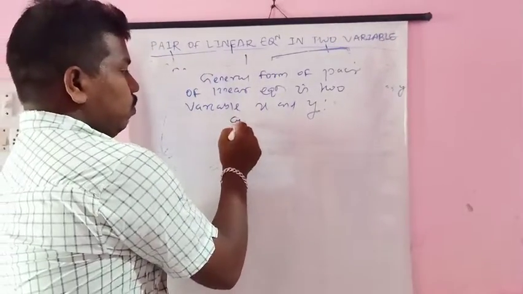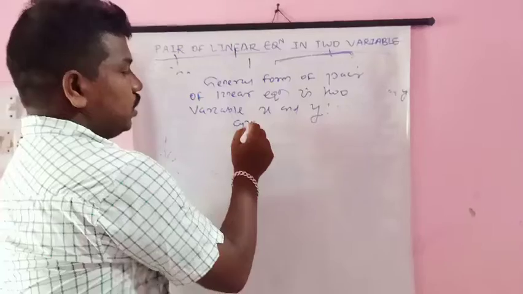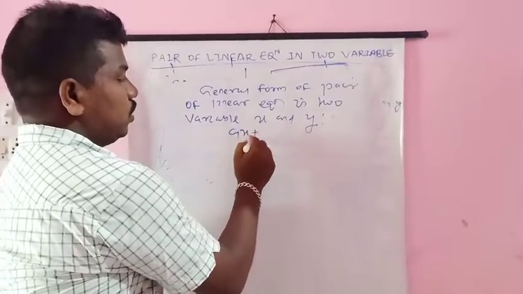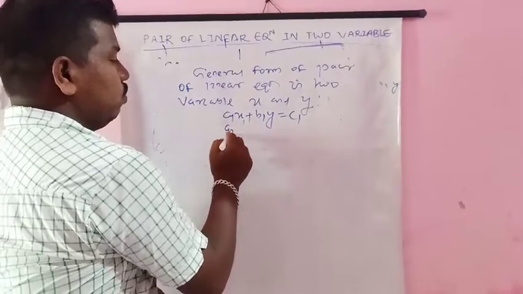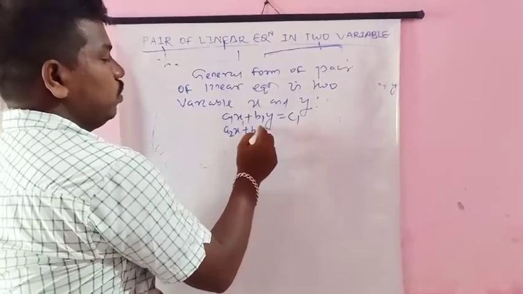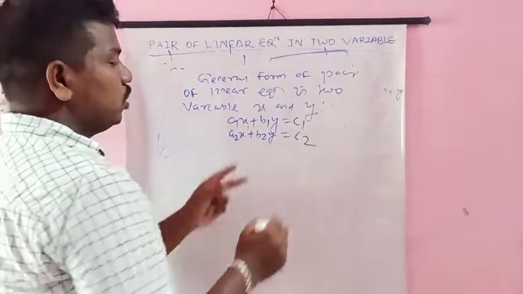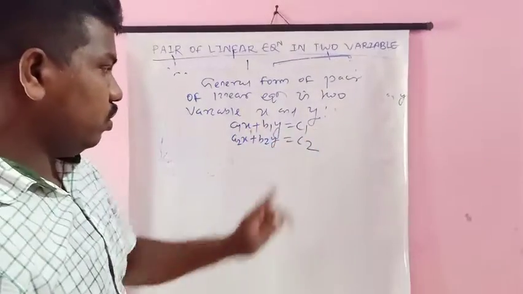The general form is a1x plus b1y equal to c1, a2x plus b2y equal to c2. This is known as the general form of a pair of linear equations.